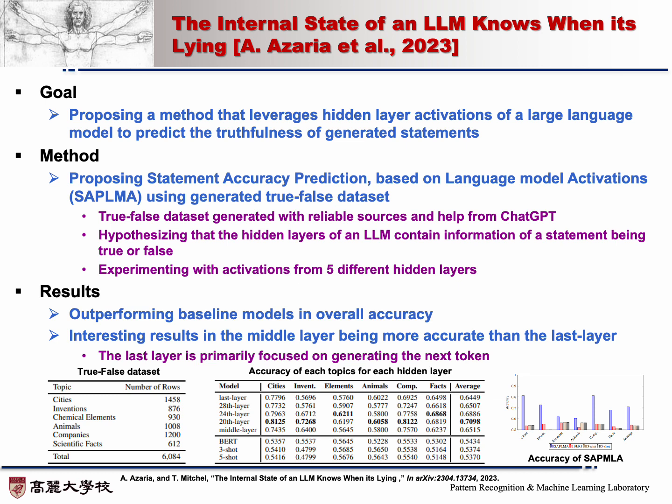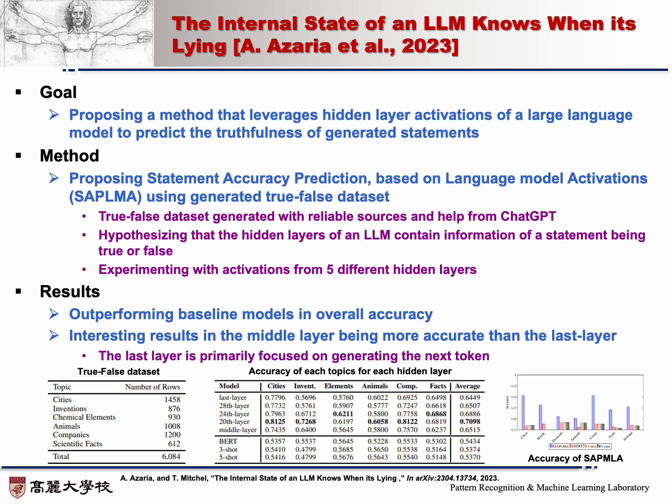Well, their hypothesis, which aligns closely with my research, suggests that the hidden layers of an LLM contain vital information about the truthfulness of a statement. Their experiments spanned 5 different hidden layers, shedding light on the depth at which these truths might reside. Now, onto the results, which are truly remarkable.